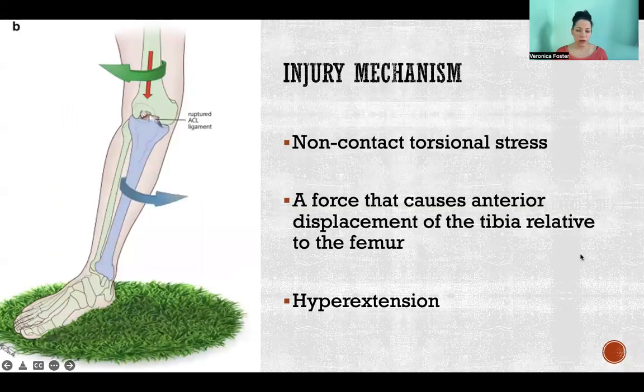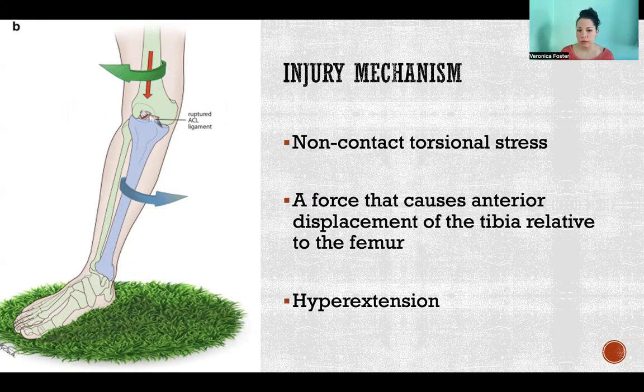So how do ACL injuries usually happen? By far, the most common way is non-contact torsional stress. Non-contact meaning it wasn't like somebody pushed you or you slammed your knee into something, nothing like that. And torsional meaning like a twist. So it's when the tibia twists relative to the femur.